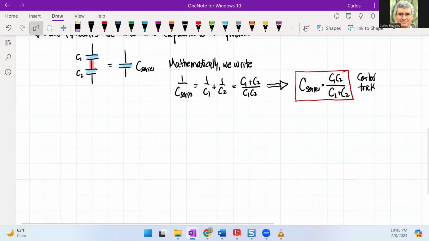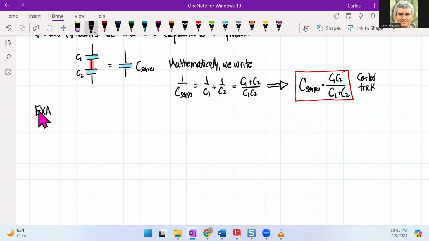Okay. So the first thing that I'm only focusing on is capacitance. So here's example 1. When I'm looking at this example, here's what I'd like to do. I want to reduce a combination of capacitors into a single equivalent capacitance.